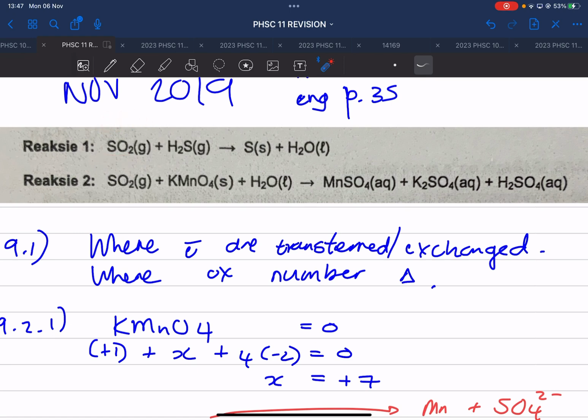So it means that is the reduction half reaction. They want the oxidation half reaction. So I think it's this one here. Yes? Okay, now you go to table 4B. Go to table 4B. Have you?